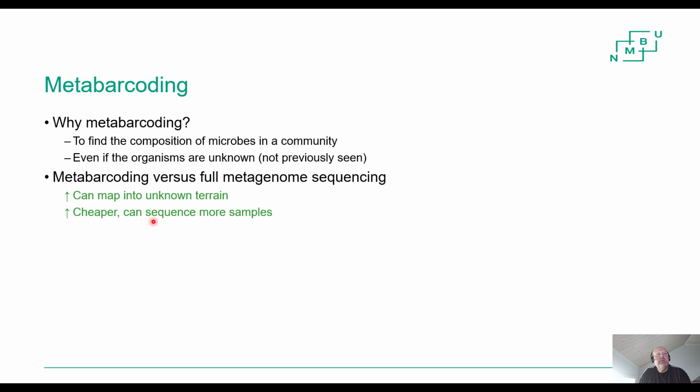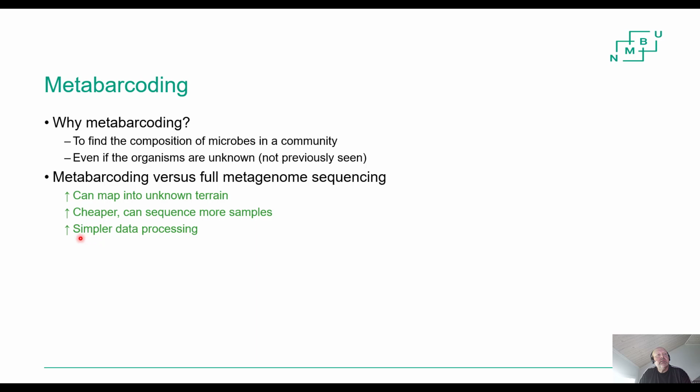It's cheaper, and that means we can sequence more samples. Both the sequencing itself will be cheaper with metabarcoding, but also the analysis part is simpler, or cheaper, in the sense that it doesn't require heavy computational resources. And all this means you can do more samples for the same cost, right? Yeah, and the data processing is simpler, right?